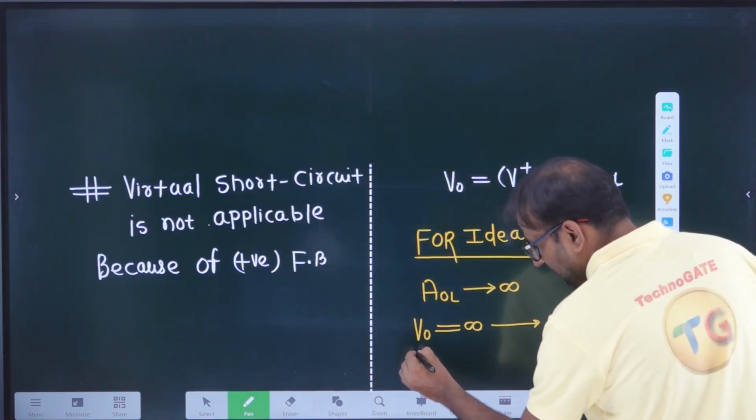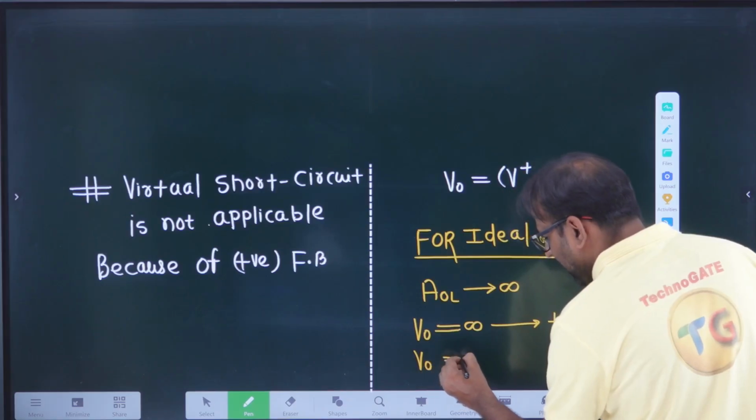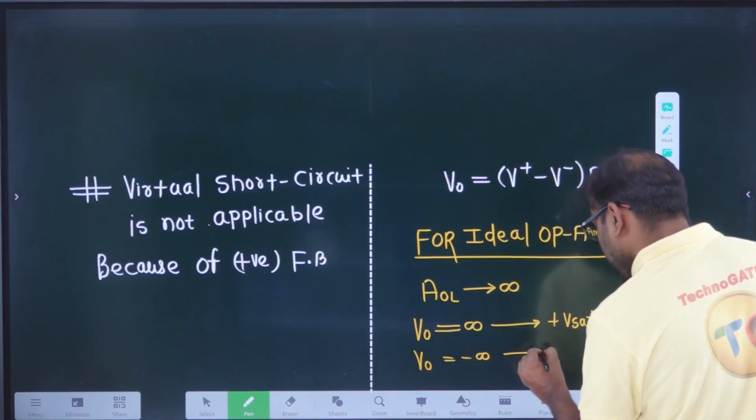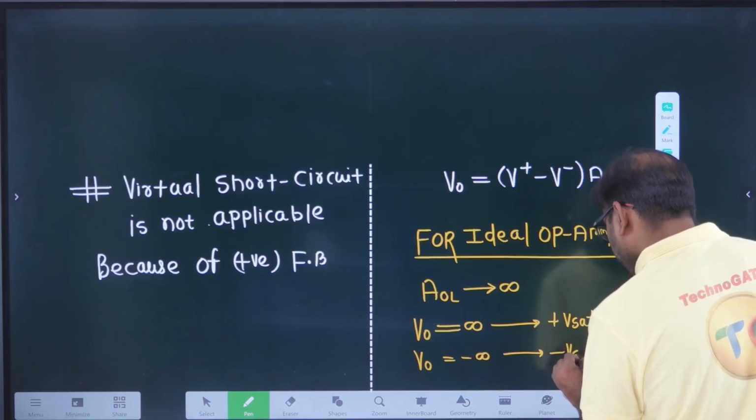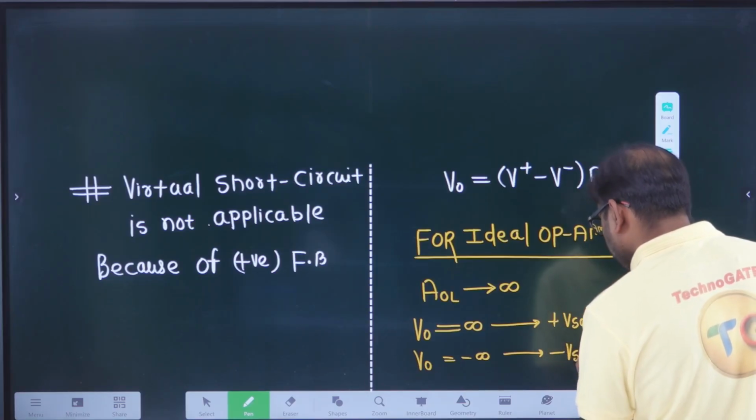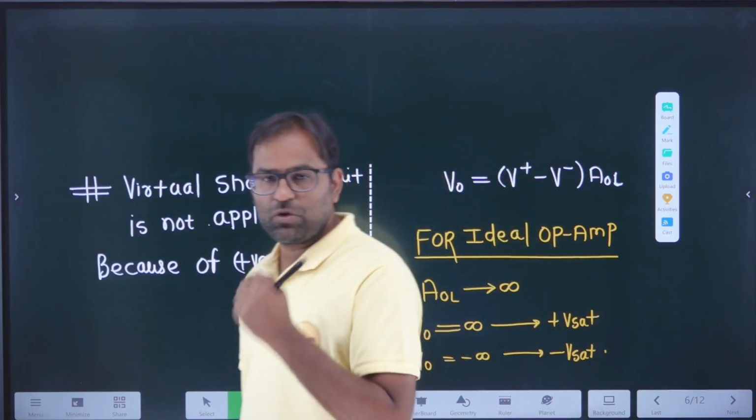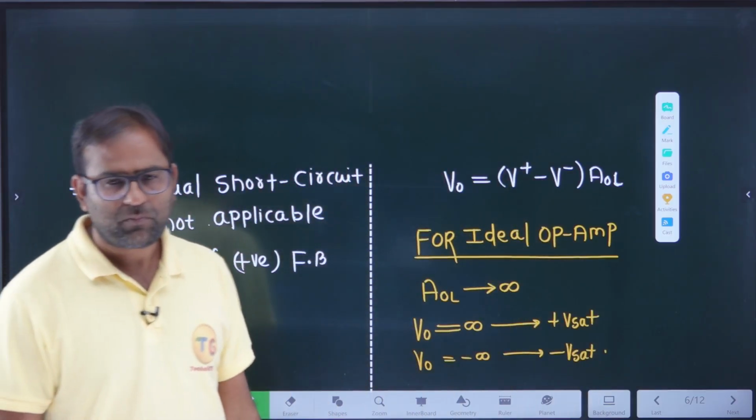And whenever we say Vout is minus infinite, we mean minus V saturation, the lowest available voltage of the op-amp. I hope you have understood these two points.